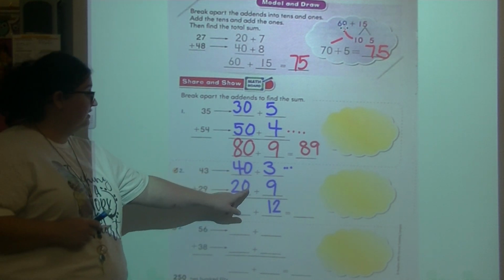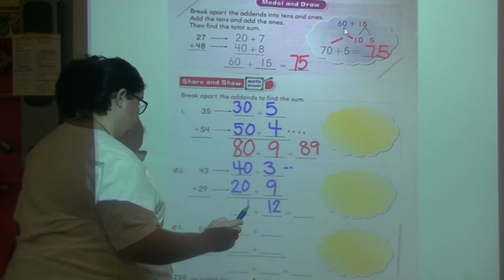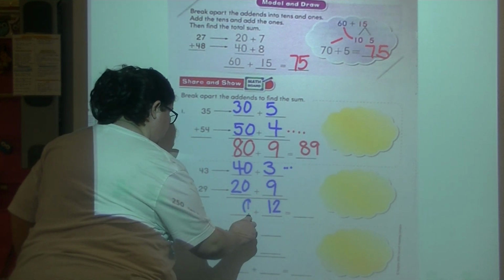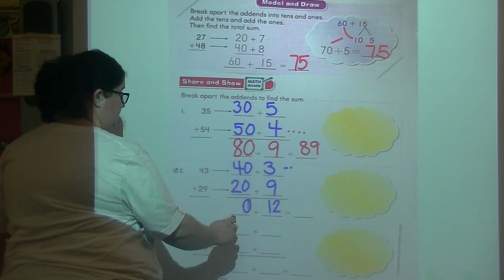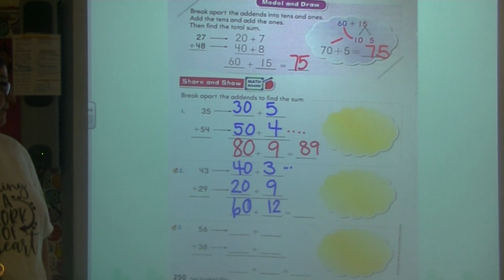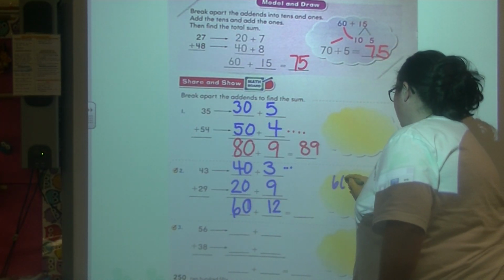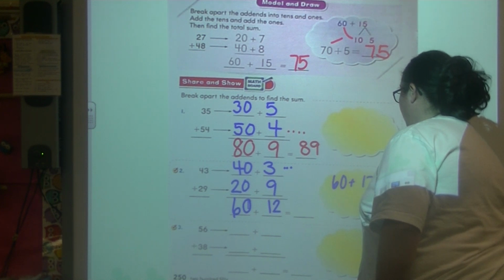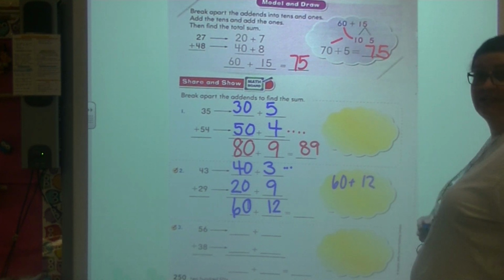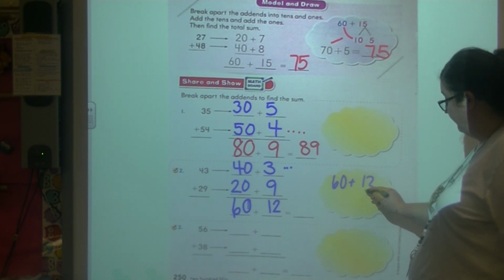All right, 0 plus 0 equals 0. There it goes, 0. 4 plus 2 equals 6. So 60. All right, I have 60 plus 12. Now 12 is greater than 10, so I've got to break this up.